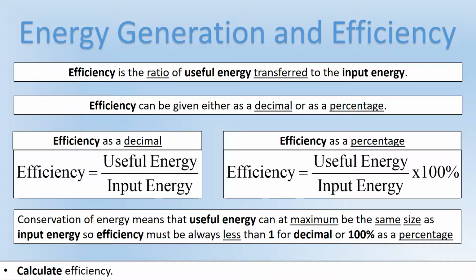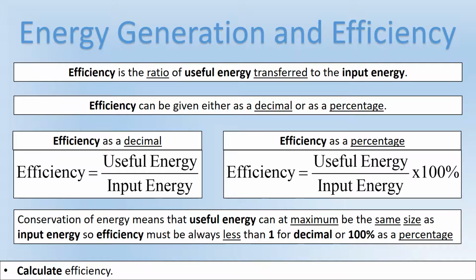So we give efficiency in two different forms. One form is as a decimal, the other form is as a percentage. As a decimal, efficiency is just the useful energy divided by the input energy. That's what ratio of useful energy to input means. If we express that as a percentage, all we're doing is multiplying that answer by 100%. And that gives us efficiency as a percentage.